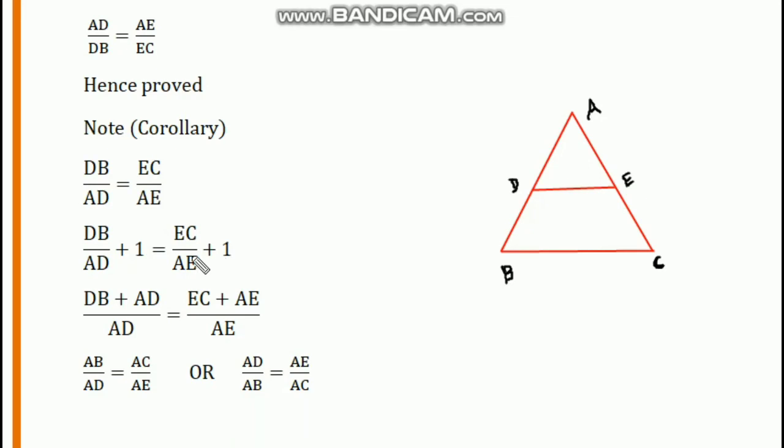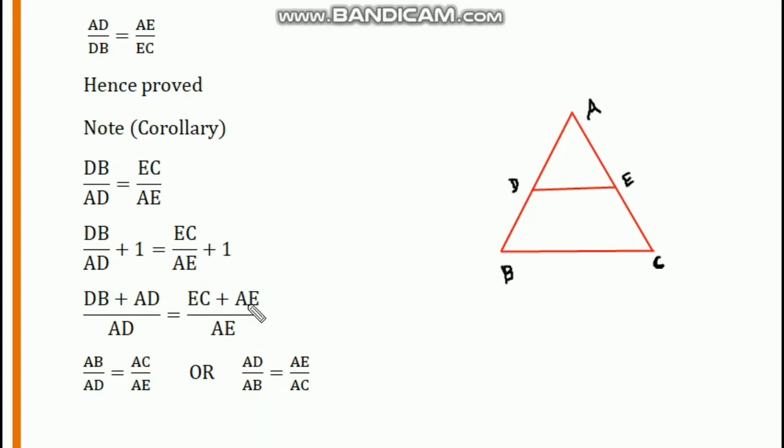Then add 1 on both sides. Okay. So if you add 1 on both sides, plus 1, and the right hand side also plus 1. If you take 1 to the left hand side, we need to take the LCM. So the LCM is AD. So 1 into AD, AD. Similarly, right side, the LCM is AE.